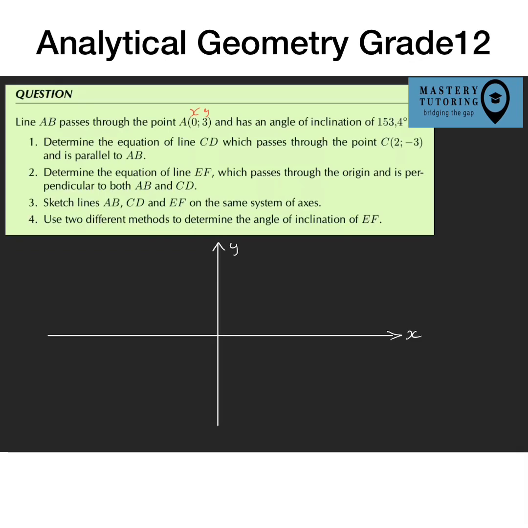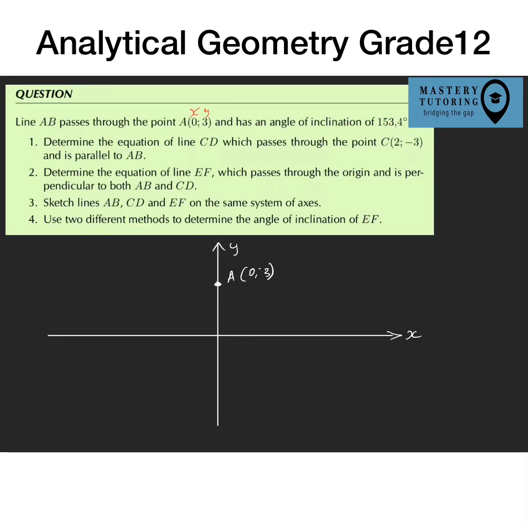So this is our coordinate here. 0 and 3 meet at this point. This is going to be the coordinate for A, (0, 3). Now we have to draw a line. Remember, this line has to pass through point A, and it has to intersect with the x-axis, because we are given the angle of inclination.